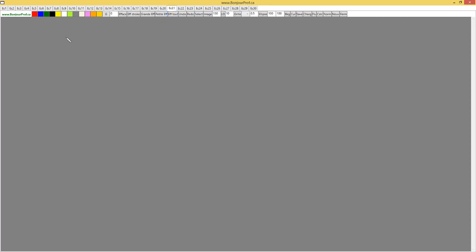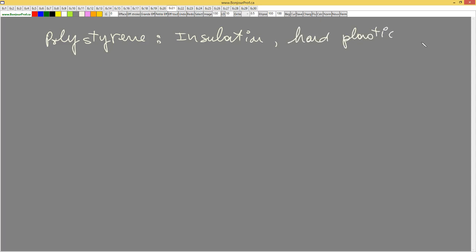Another example here is polystyrene. Where do you find it? Insulation, for example, insulating electric wires. Hard plastic cases, for example, cases for DVDs.